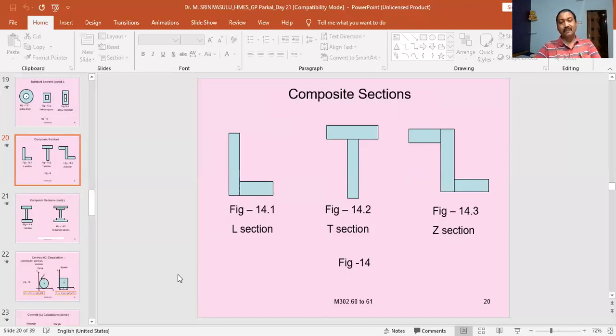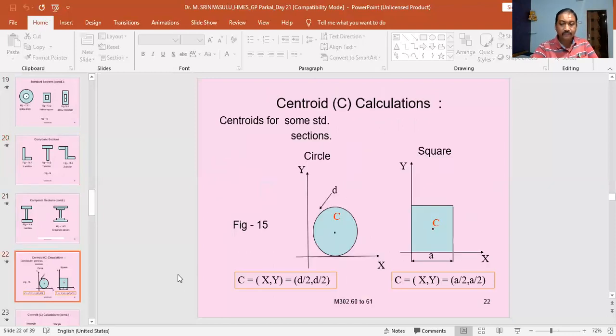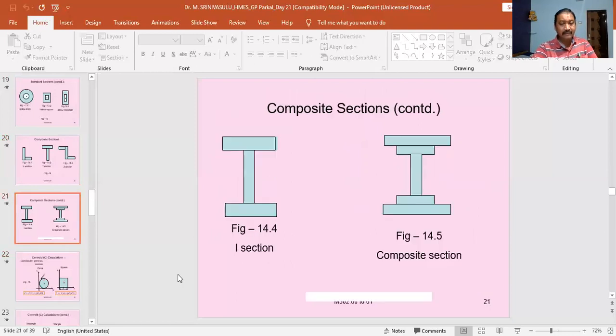Then we have to locate the centroid of each individual figure, and combine the centroids of all these sections by a formula, and then we can find the centroid of the composite section. For the I section also we have to find it like that only.